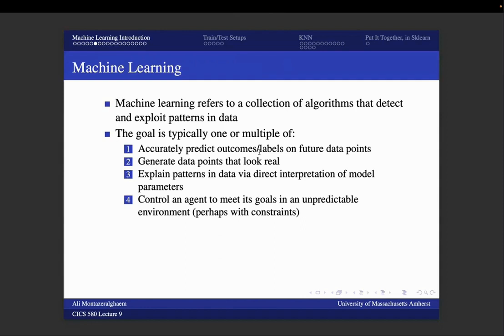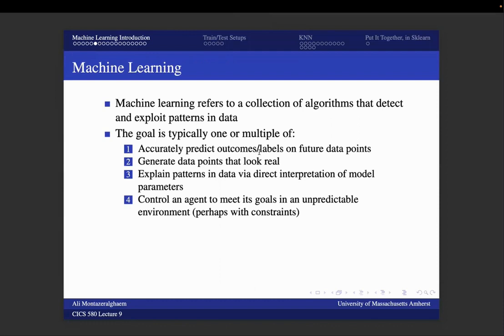We also have some algorithms in machine learning to explain patterns in the data by using model parameters. This can also be the goal for some algorithms. So we just need to find some patterns in the data. For example, clustering, I think, can be a good example of this category.